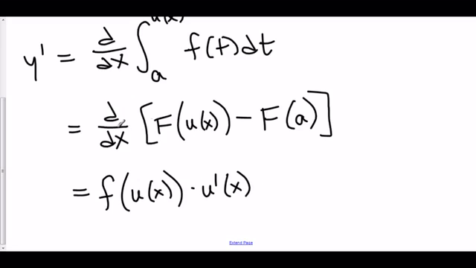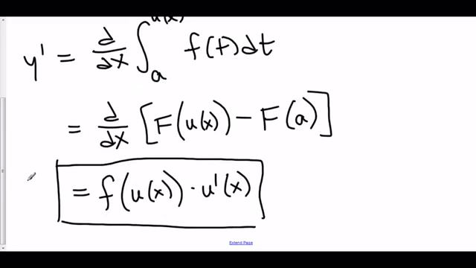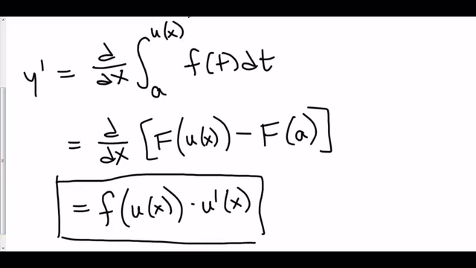And of course, since a is a constant, plugging any constant into a function is still a constant, so the derivative is just 0, and that goes away. And so when we use some function of x, some stuff, in my upper limit, then we have to use chain rule. What we do is plug u of x into our function and then multiply by the derivative of u.